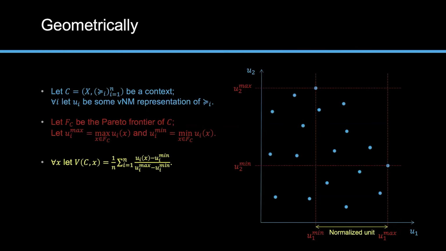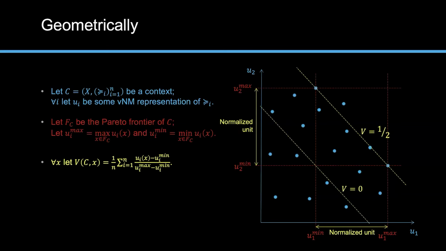So now this is the normalized unit of one's utility function. This is the normalized unit of 2's utility function, and we average them. So this is 1, 0, this is 0, 1, so each of them has average half. This is v equals 0, this is v equals 1. Which means that this is the unit of v.